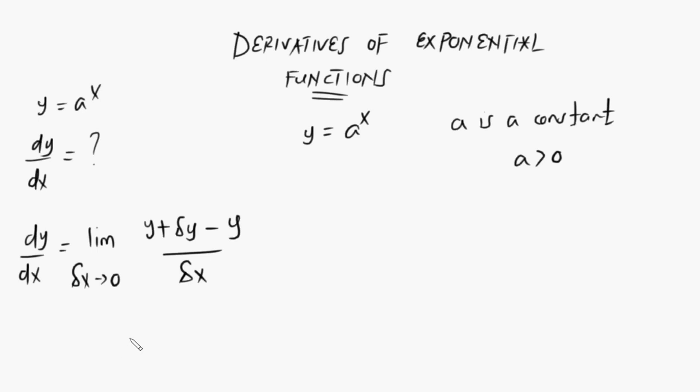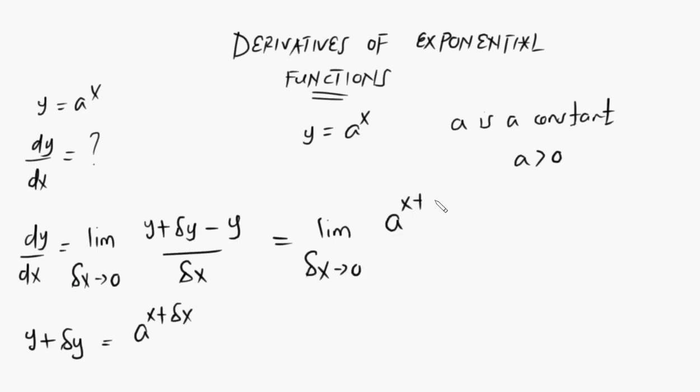So y plus delta y is just going to be equal to a to the power x plus delta x, because y has been incremented. So this is just going to be equal to the limiting value as delta x approaches 0 of (a power x plus delta x minus a power x) over delta x.